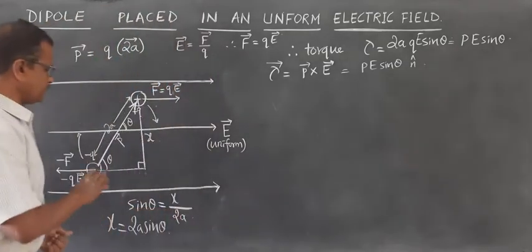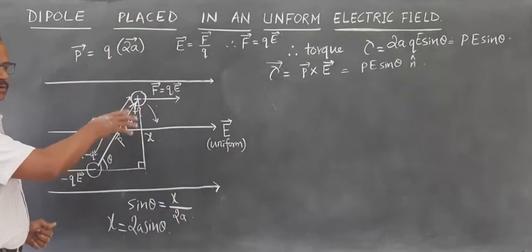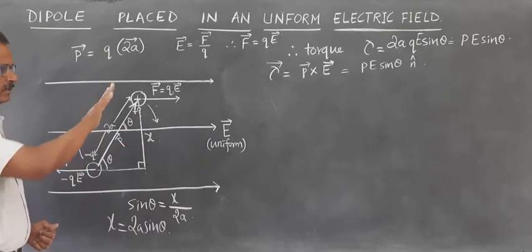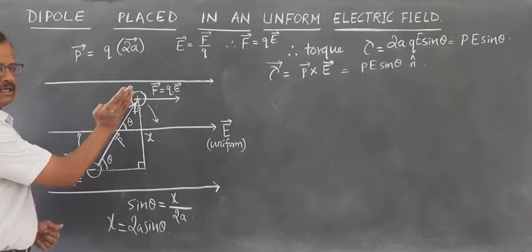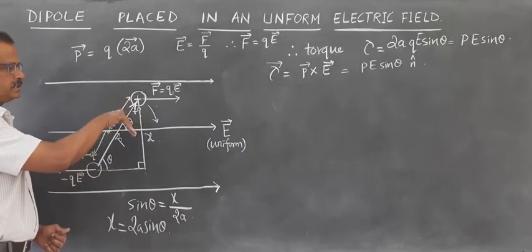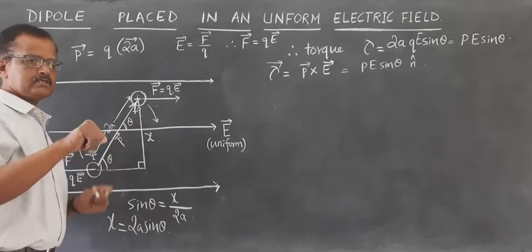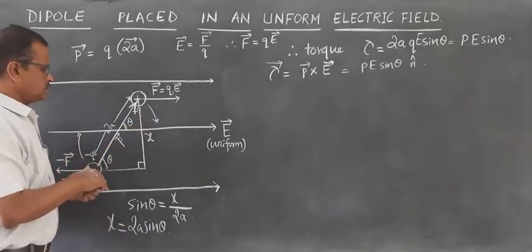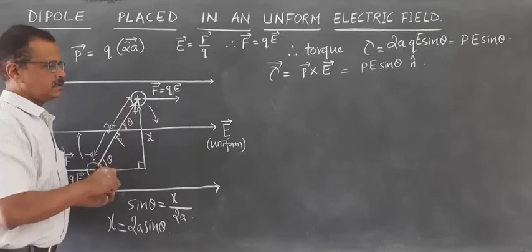If you look at the diagram, when it is tending to rotate, turn clockwise, you see this is the p vector and this is the E vector. You turn p towards E, and see, the thumb is pointing perpendicular to the plane of the board. So this becomes the direction of torque.